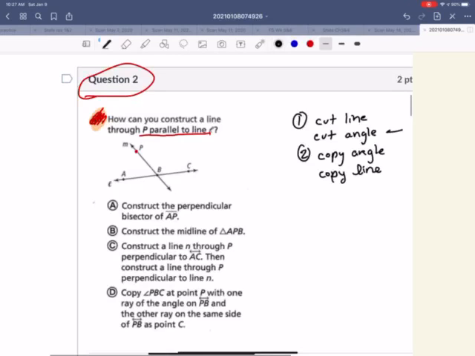But also, when you cut a line segment in half, we draw an arc from A and an arc from B, and we identify those intersections. And when we connect those lines, notice it does cut this in half, but it cuts it at a perpendicular. So an interesting way, we can use the same technique to draw a perpendicular.